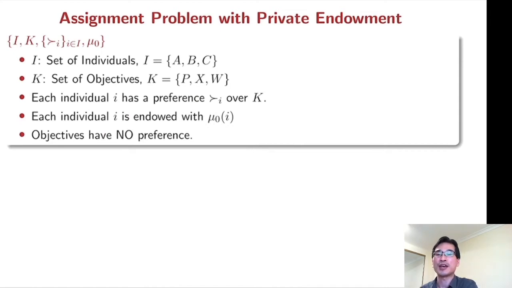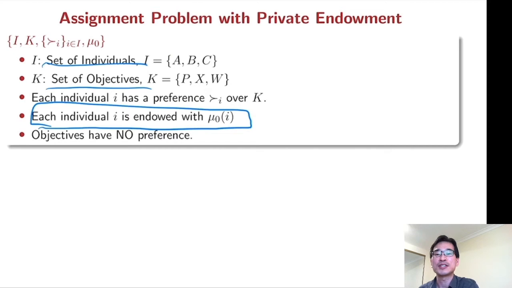As before, we have a set of individuals and a set of objects. Each individual has a preference over the objects, and objects have no preference, but each individual is endowed with some objects.